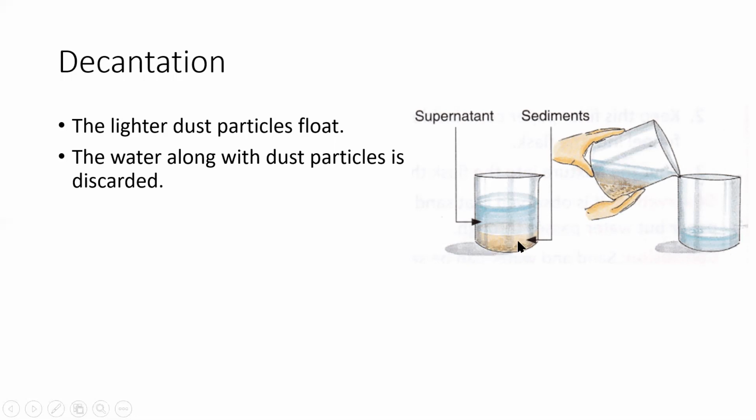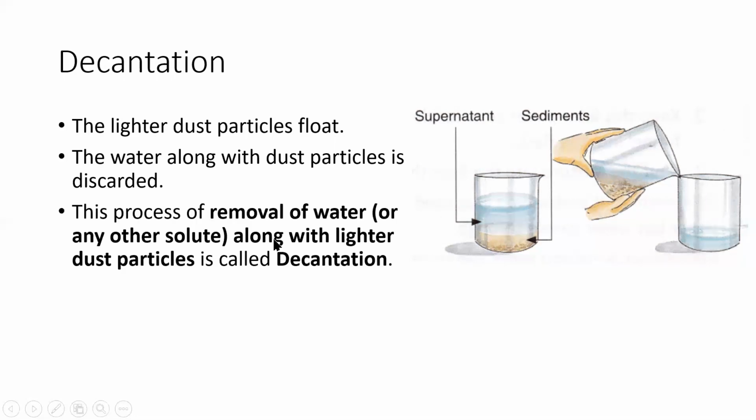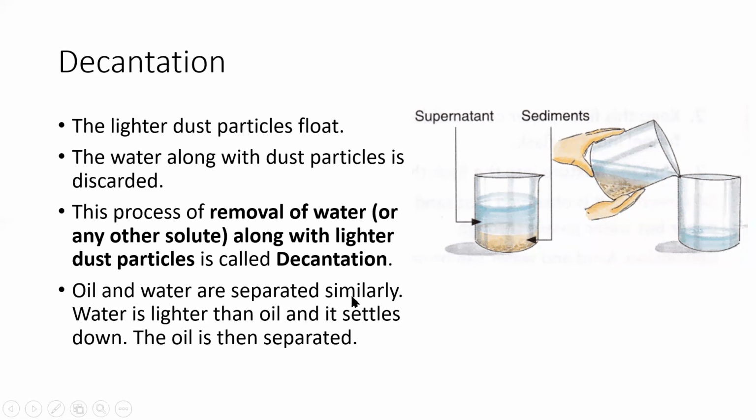Suppose the grains are settled down at the bottom, then the dust particles along with the water are slowly discarded. Okay. This process of removal of water, which is containing that unwanted solute, that is nothing but lighter dust particles, this process is called decantation.